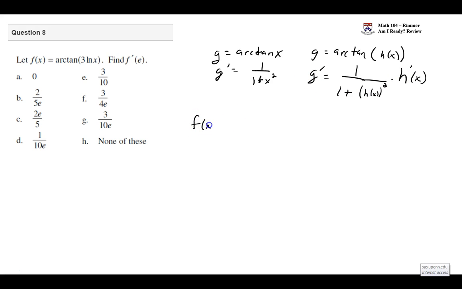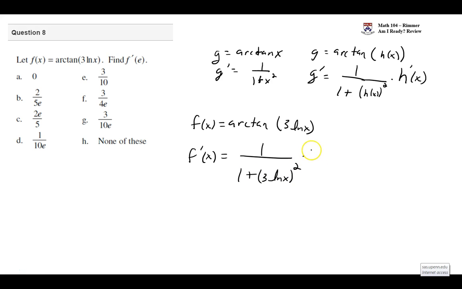If f of x is the arctan of 3 log x, then its derivative will be 1 over 1 plus that entire function unchanged squared, and then we multiply by the derivative of that function. Log x's derivative is 1 over x, so 3 log x's derivative is 3 over x.